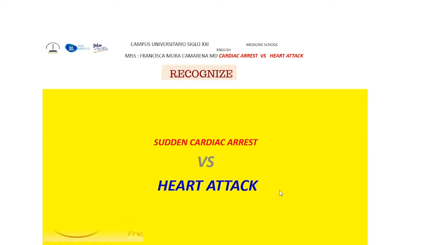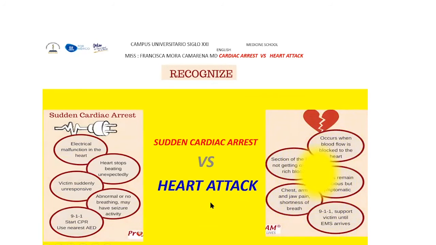Okay, so it's important for us to remember sudden cardiac arrest is an electrical malfunction in which the heart stops beating unexpectedly. The victim suddenly is unresponsive, there could be abnormal breathing or maybe not breathing, and there may be the presence of seizure activity. On the other hand, the heart attack will occur when the blood flow is blocked and a section of the heart is not getting the oxygen-rich blood.